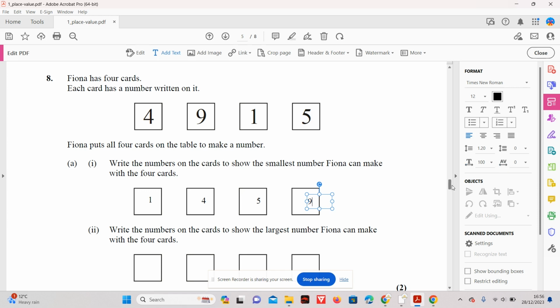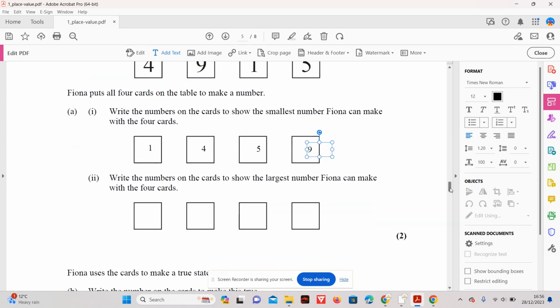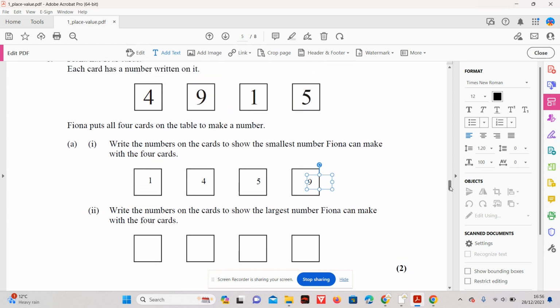And then the next part is: write the numbers on the cards to show the largest number Fiona can make with the 4 cards. So this time we start with the biggest number, the 9, and then we need the largest possible hundreds value, which in this case is the 5. Next we need the largest tens value, which is the 4.